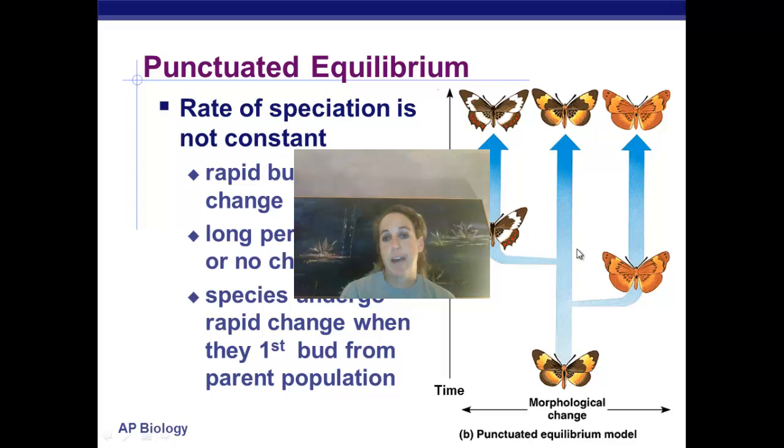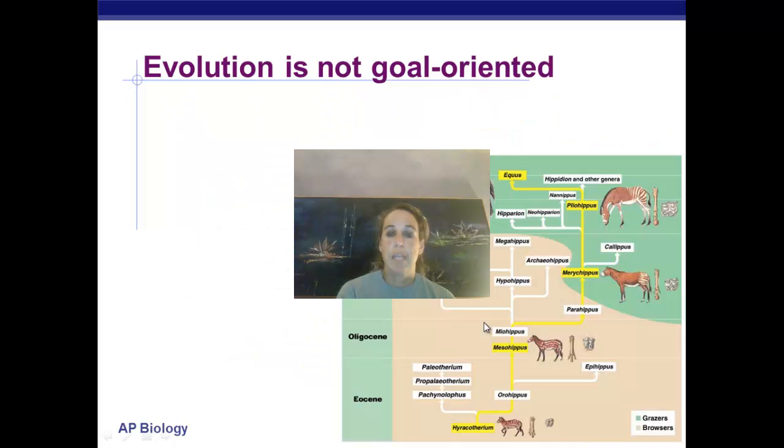You can see how it happens at different times. At first it's going along and everything is the same. Then some sort of environmental shift happened, and this group broke off and changed very quickly. Then we had a period of time where you still had some of your original parent left, and then another environmental change occurred. So it's not constant. It's small periods of change.